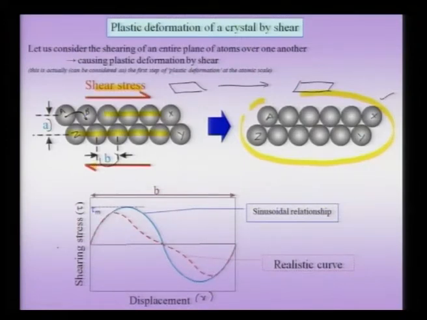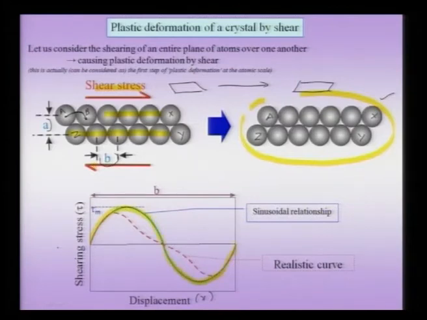More realistic calculations have shown that it is not truly sinusoidal but has a more complicated shape, but for now we will assume a sinusoidal shape to illustrate a very important point. That is my blue curve which you can see here, which goes in a sinusoidal fashion.